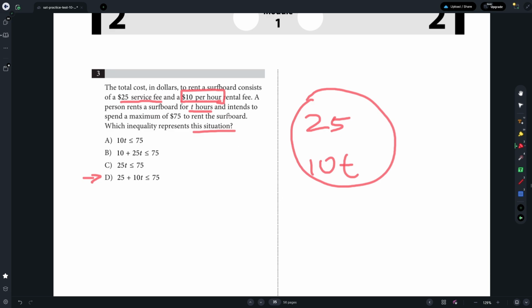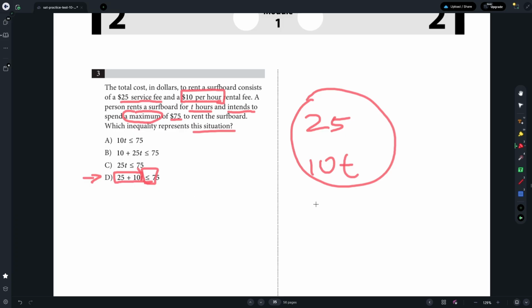But let's get this last part. Intends to spend a maximum of $75 to rent the surfboard. Maximum means I don't want to spend more than $75, right? So this total amount of money needs to be less than or equal to $75, because I want $75 to be my maximum. Ideally, I want to spend less. So less than or equal to is the correct sign.